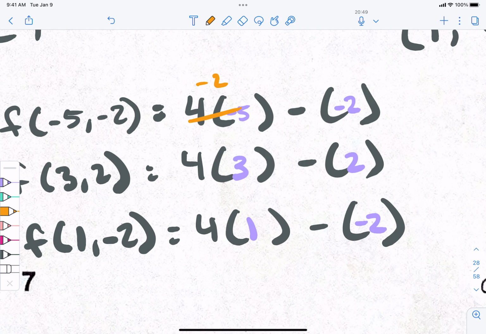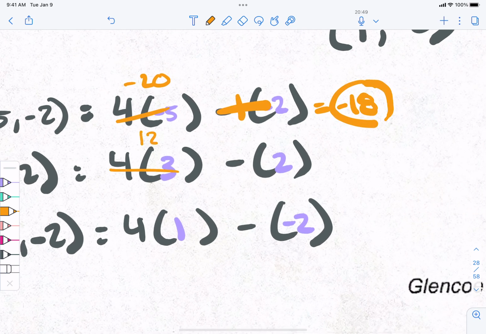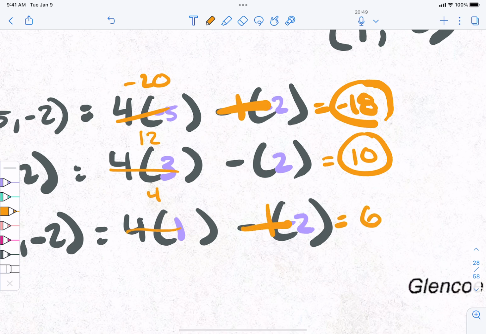And then minus a negative would be plus 2. So it's negative 20 plus 2. Negative 18. Okay, that's where he is, right? Okay, the second one, 12 minus 2 is 10. Okay, that's where that one's at. And this one is 4 minus a negative, so 4 plus 2 is 6.